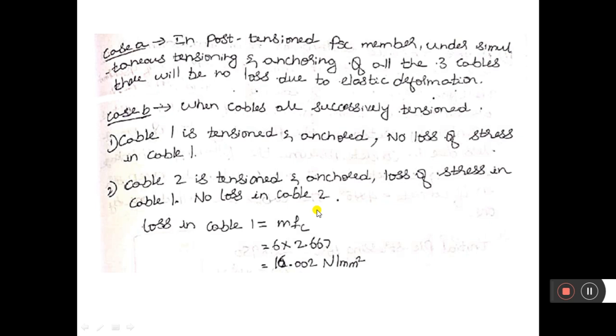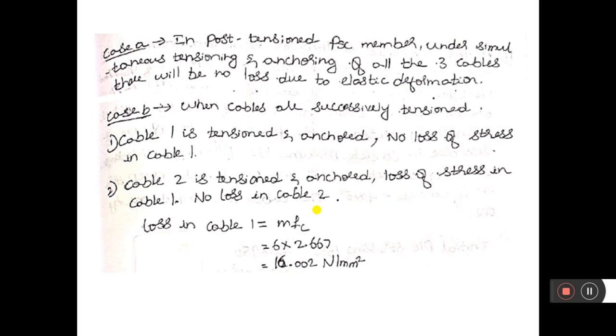Why there will be loss in cable 1 is because when cable 2 is tensioned with 60 kilonewton of pre-stressing force and anchored, compressive stresses are imposed on both the ends of the member.